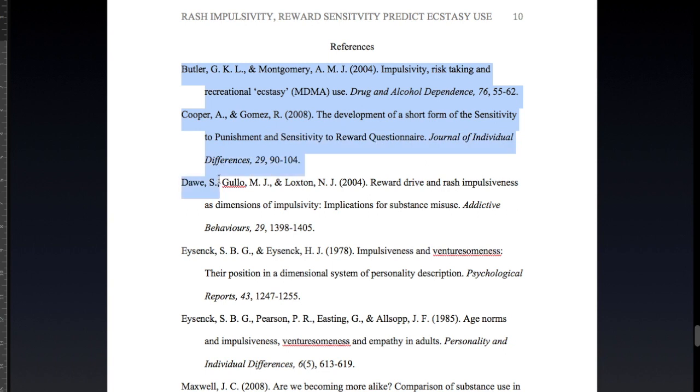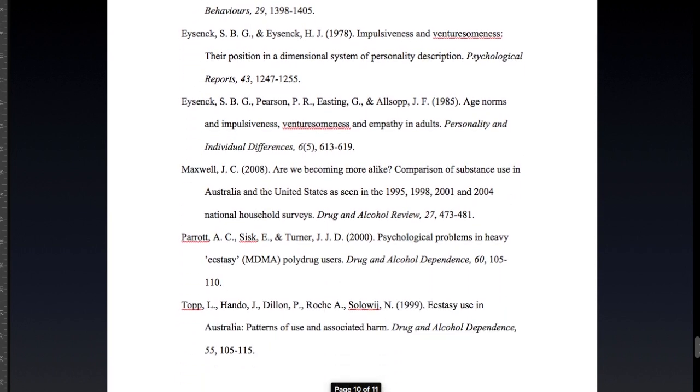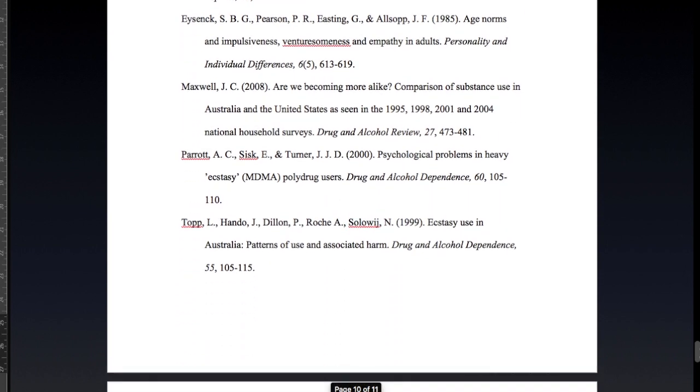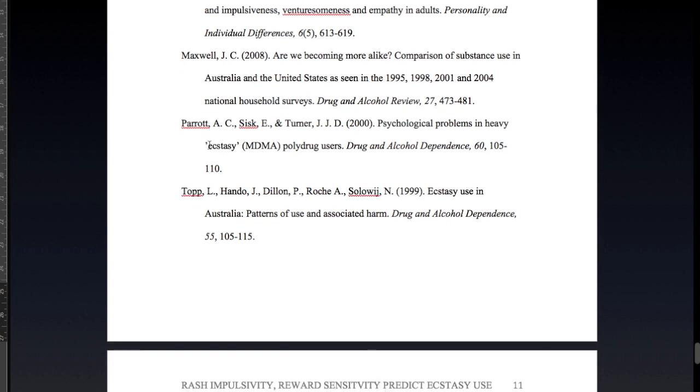And these are all, of course, in alphabetical order based on the names of the first authors. So this is what a typical APA reference list looks like. I don't know what's going on there. That should be like that, but anyway.